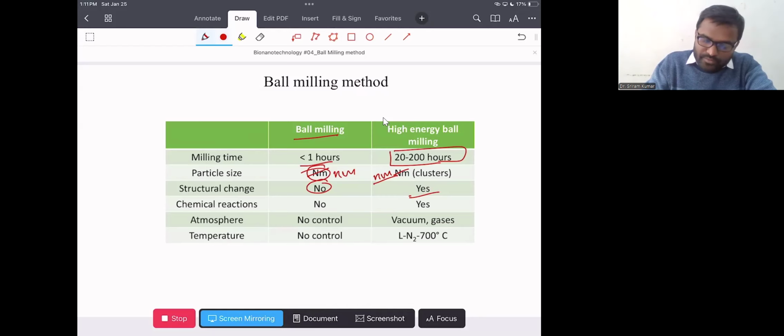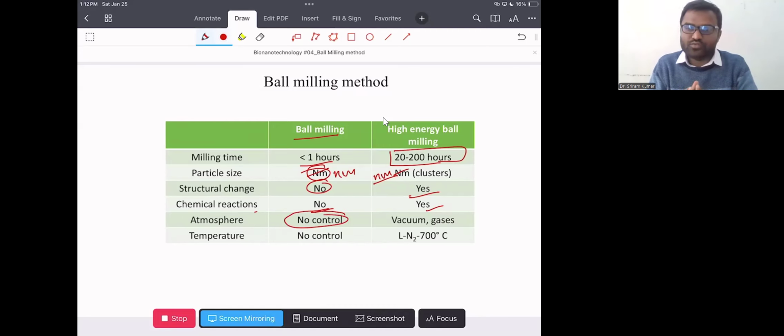And when we compare chemical reactions, no chemical reactions happen in the normal ball milling methods. However, chemical reactions happen in the high energy ball milling technique. And if you want to control the chemical reactions, for that we need control over the atmosphere. In the normal ball milling methods, we don't have control over the atmosphere.